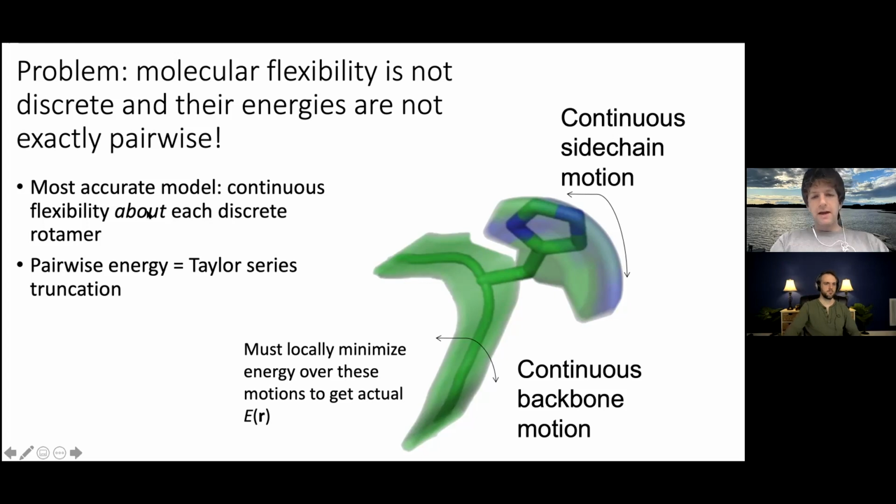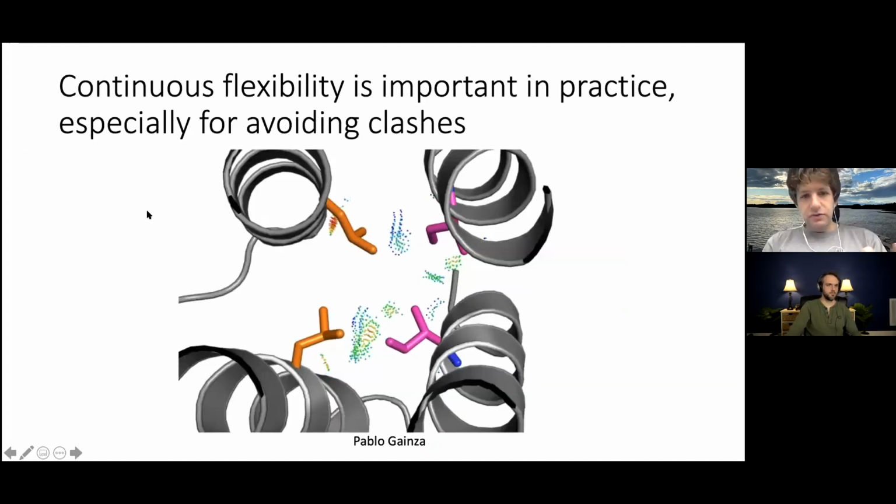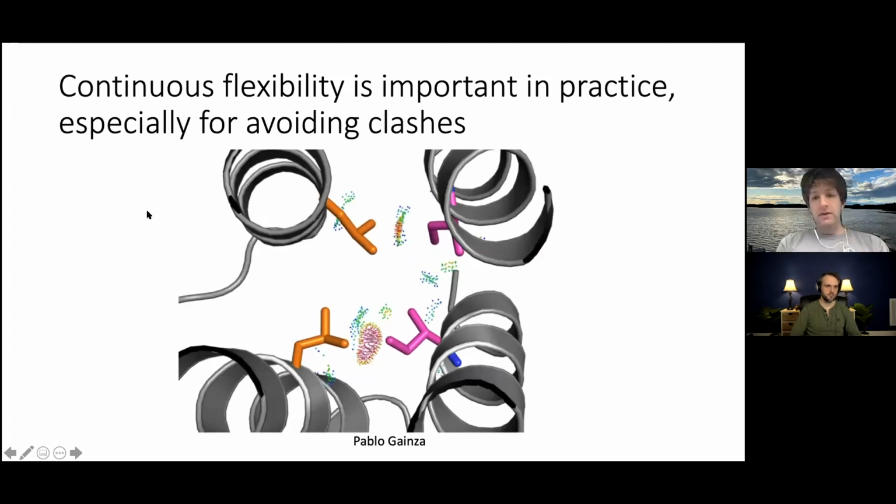Anyway, I just wanted to show you when the continuous flexibility can be most important. Like I said earlier, one of the most dramatic phenomena you see in these energies is when atoms that are not bonded to each other get really close together, which we show here in pink. And that just blows up the energy like crazy. If you were just using your ideal rotamers, the ideal conformations for each amino acid, when you model those, you don't know anything about where these different pieces of backbone are.